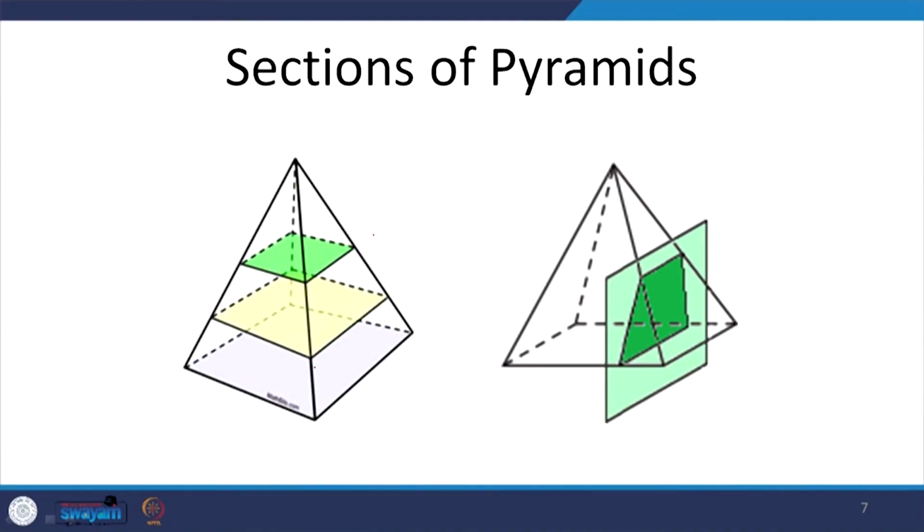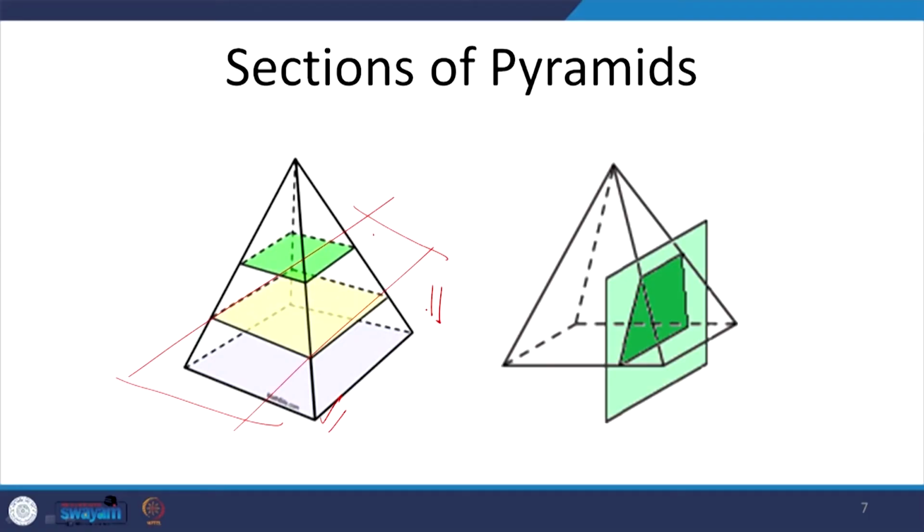So, if we have a pyramid and we cut this pyramid with a section plane which is parallel to the base, in that case we will see exactly a similar shape as that of the base. I am saying similar because, depending upon where the section plane is cutting the pyramid, the size of the section will be determined.